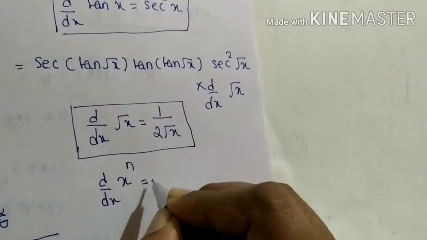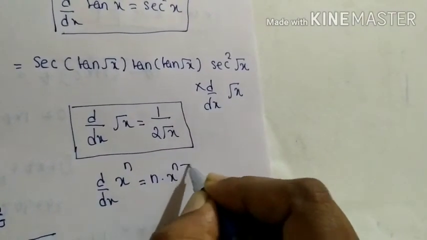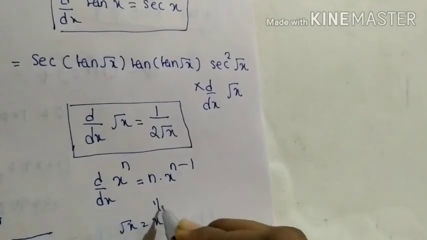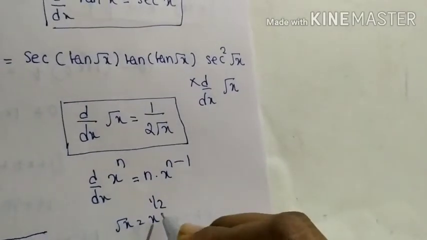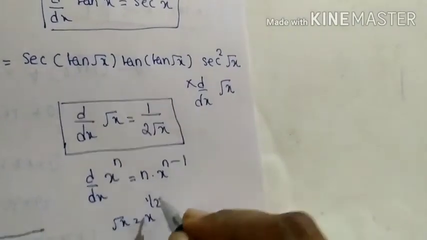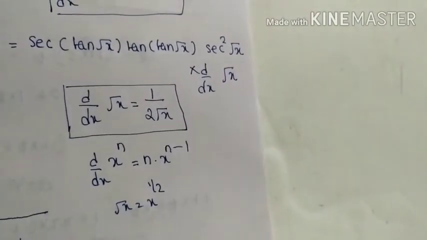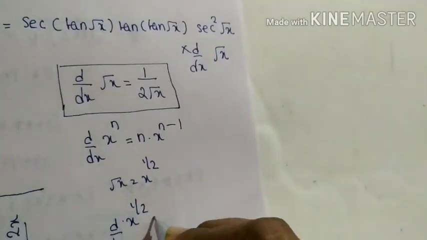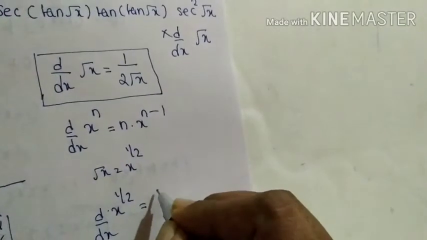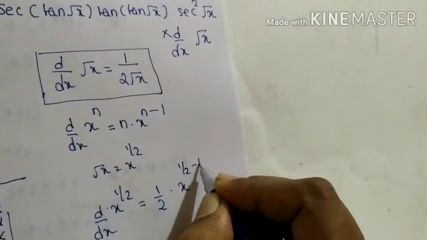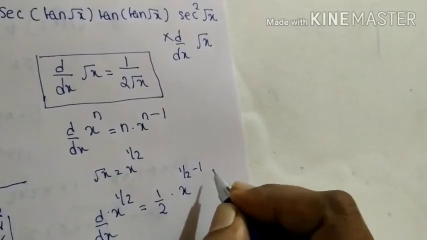We know that the derivative of x raised to n is n into x raised to n minus 1, and root x can also be written as x raised to 1 by 2. Here comparing these two, n is equal to 1 by 2. So replacing n by 1 by 2 here, we get the derivative of x raised to 1 by 2 as 1 by 2 into x raised to 1 by 2 minus 1.